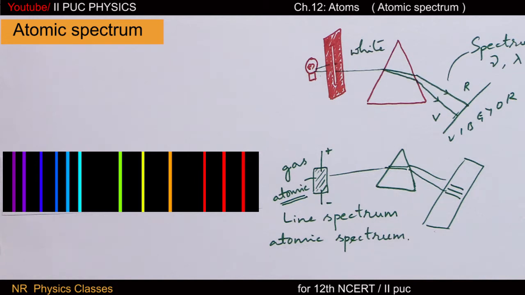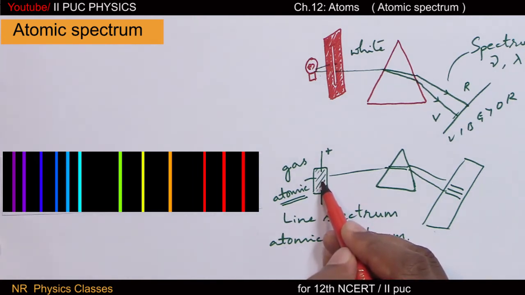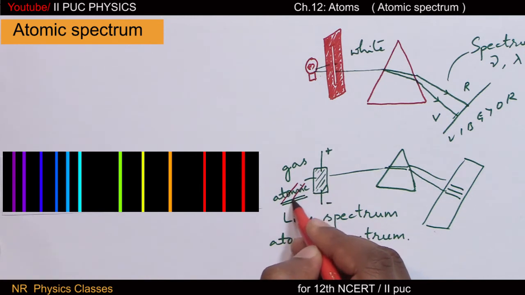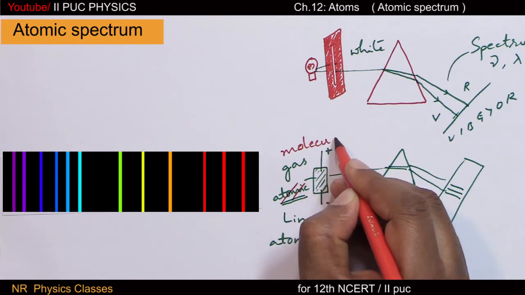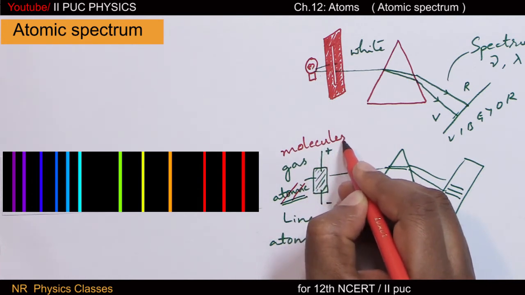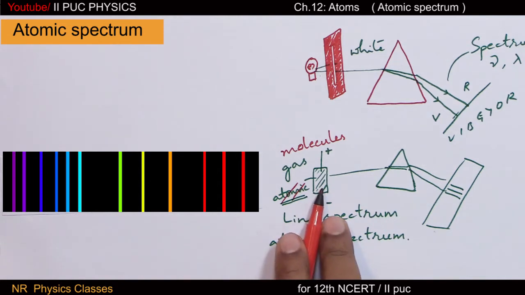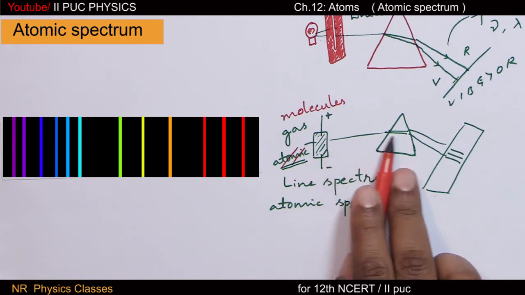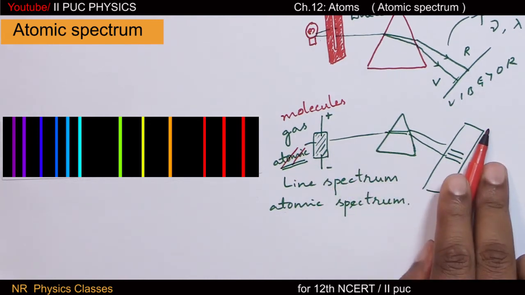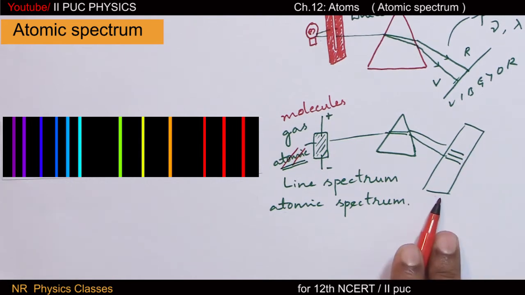Okay. Suppose this chamber is filled with gas in molecular form. If gas is in molecular form, carbon dioxide, carbon monoxide, nitrous oxide, similar gases, and if that gas is suitably excited, then the emitted light is made to pass through dispersive medium, and pattern is obtained on the screen.